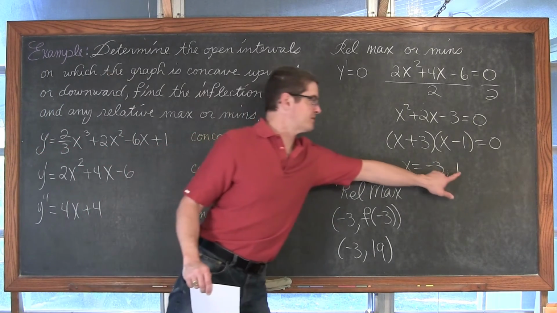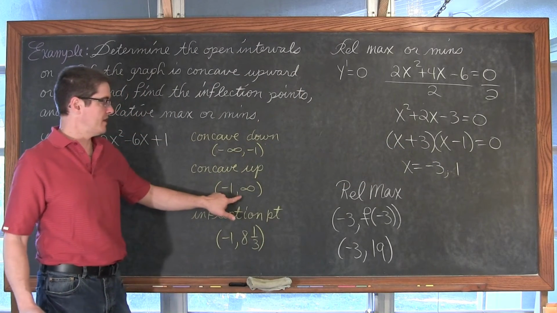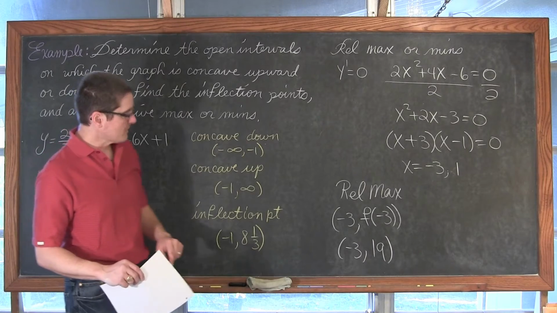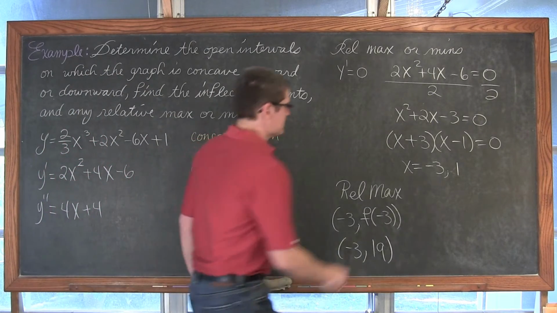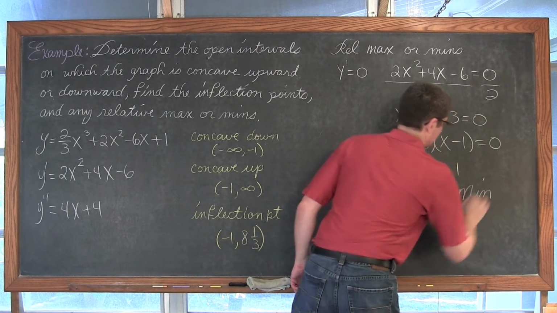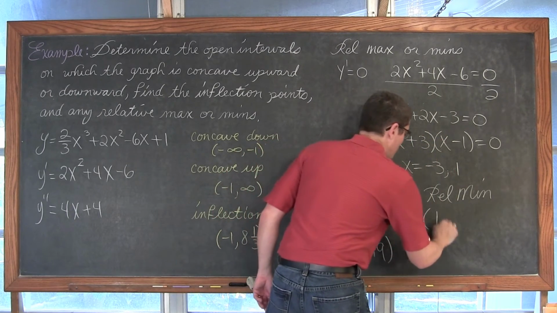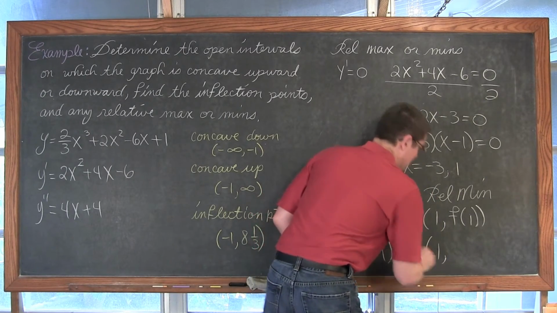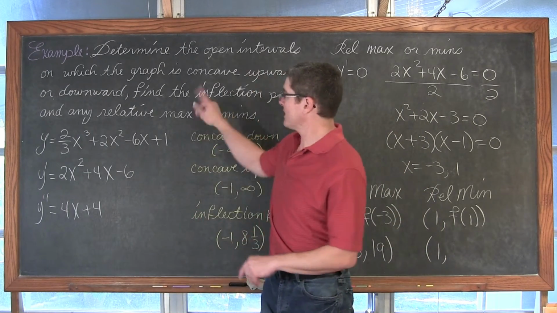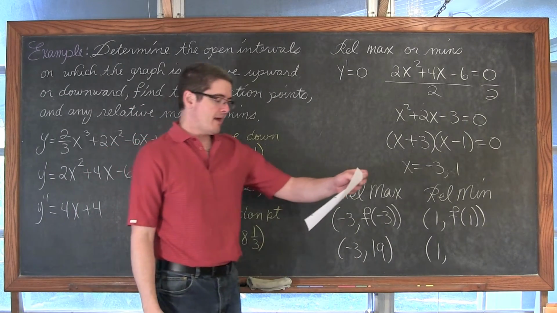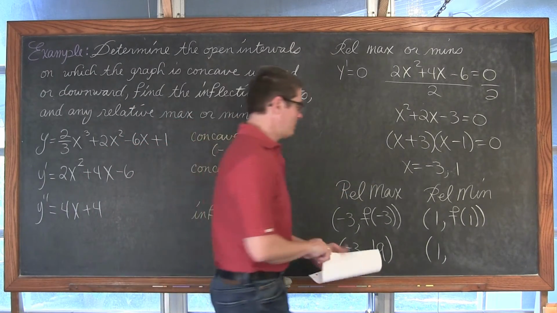So my first derivative is 0, my second derivative is positive. So I'm going to say my relative min is at 1, f of 1, which turns out to be 1, comma, take that 1, plug it back into here. Right off the top of my head, we have a relative minimum at 1, negative 2 1/3.